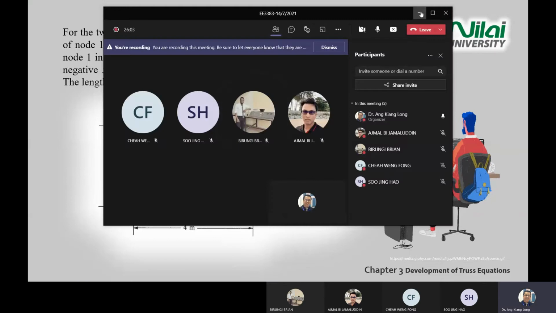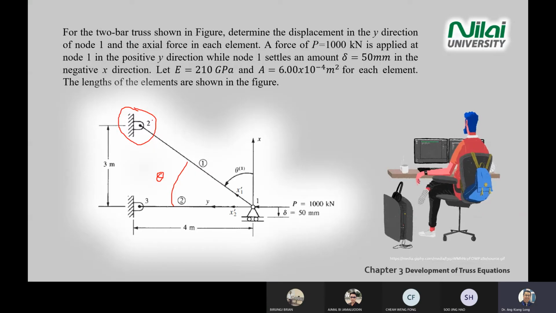Yes, sir. Okay, good. Look at the screen. If I look at point number 2, what is your displacement at point number 2? What is your U2 and V2 or maybe W2? What is the value? Ashma, are you ready with the answer for point number 3? I'm going to ask the same also.